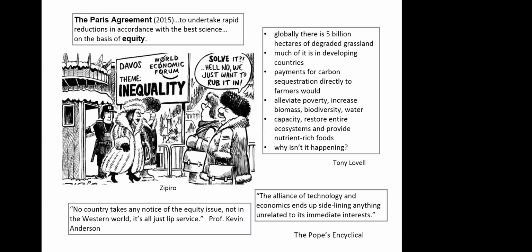So if we were to look at it from the perspective that globally there are 5 billion hectares of degraded grassland, much of it in developing countries, and if we paid farmers for sequestration of carbon in their soils, we would alleviate poverty. We would also be increasing biomass and biodiversity, water retention capacity, restore entire ecosystems, and provide nutrient-rich food. So why is this not happening?